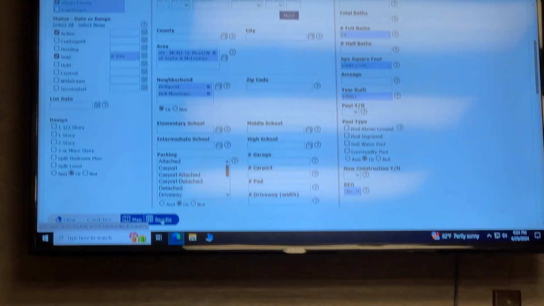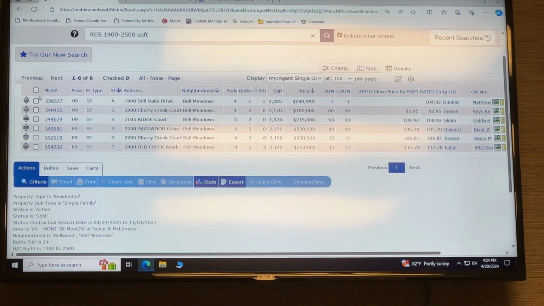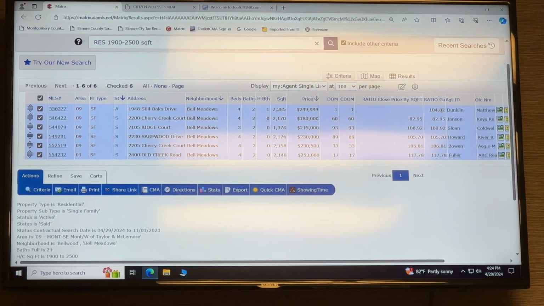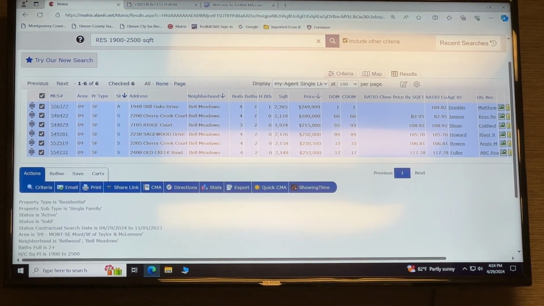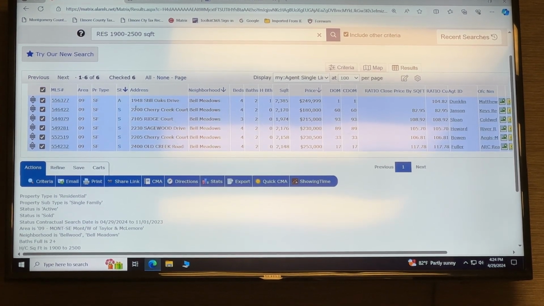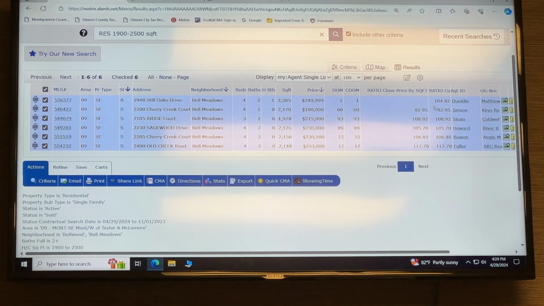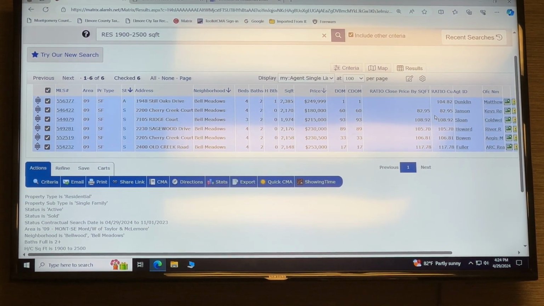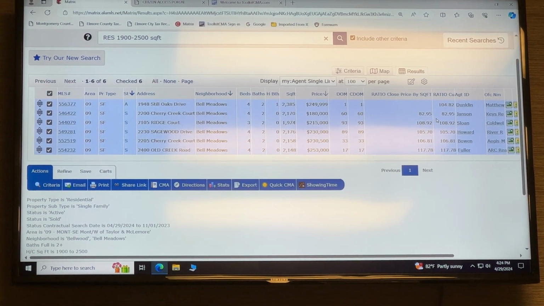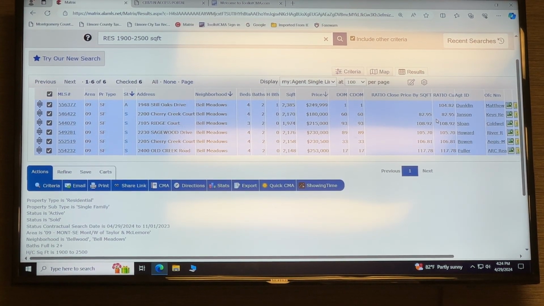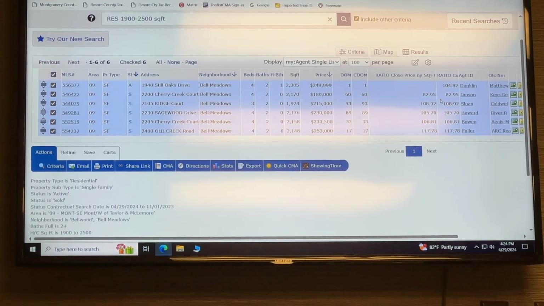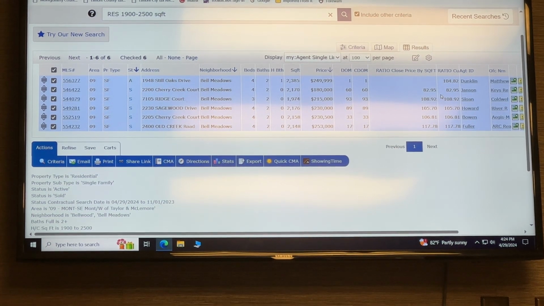So we've got six matches. The results show these six houses. We've got one active that's priced at $104.87 a square foot. These are pretty much in line with values. Most of the time, when you're figuring averages, you're going to throw the high and the low out. What I normally try to come up with is some range of price per square foot.